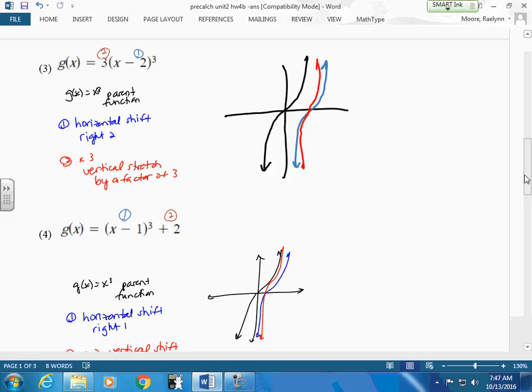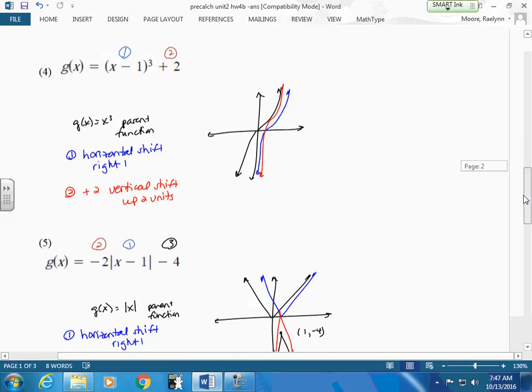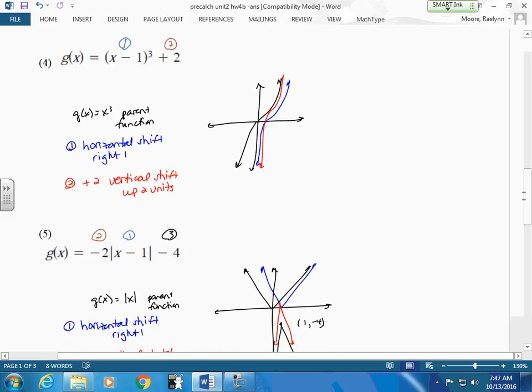And again, you're sketching, so the best you can with the sketch. Cubing again. Horizontal shift to the right 1 unit. And what does that +2 do? Vertical shift up 2 units. If it's hard to show the vertical shift, try to take this point and move that point up.